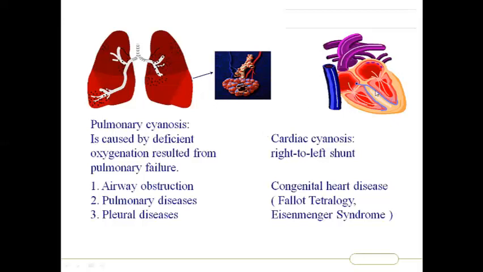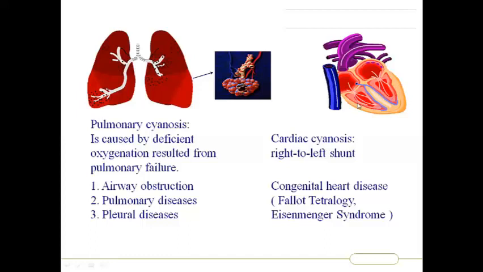On the other hand, cardiac cyanosis is caused by a right to left shunt, like in congenital heart diseases, tetralogy of Fallot, and Eisenmenger syndrome. So what happens with a right to left shunt? For example, this is your heart. If there is a hole here, from the right side the blood will move to the left side and mix with the left ventricle of the heart.